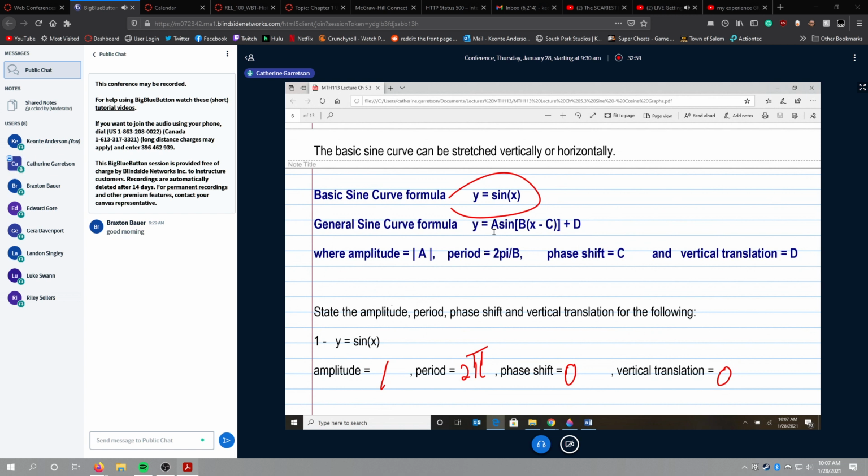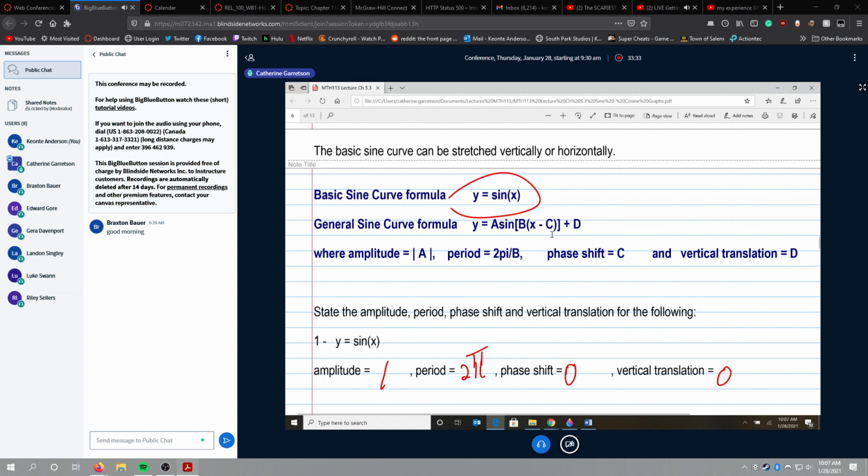It's going to reflect it vertically because it's outside of the function, not inside where the angle is. So multiplying by a negative will cause a vertical reflection. And that's what A is, the amplitude. They take the absolute value because the amplitude's always positive when you give an answer. You're not going to say the amplitude's a -2. The answer should always be positive.